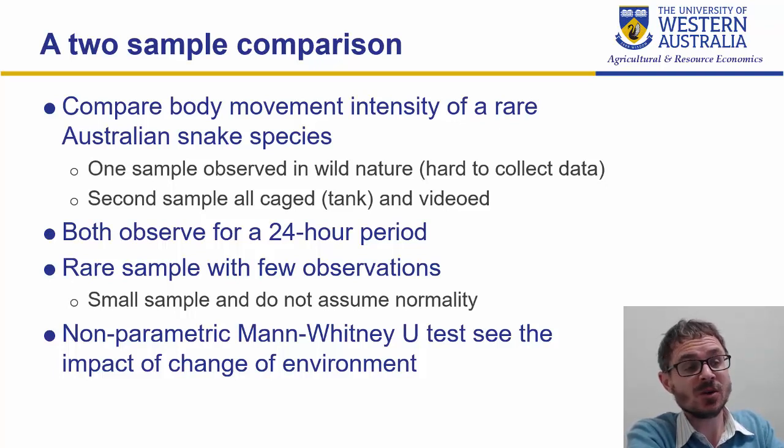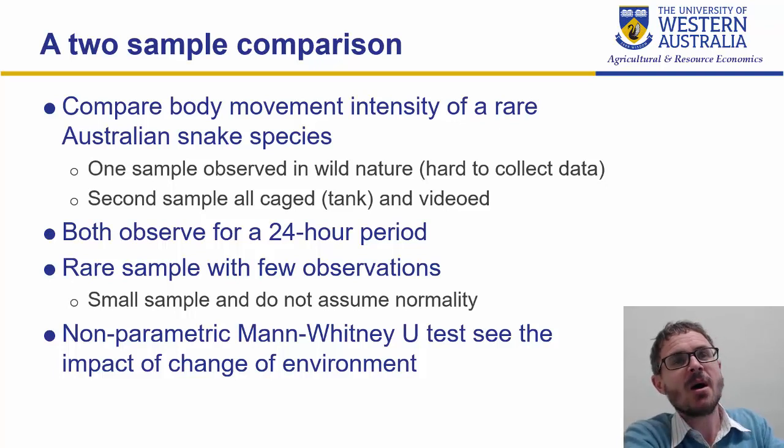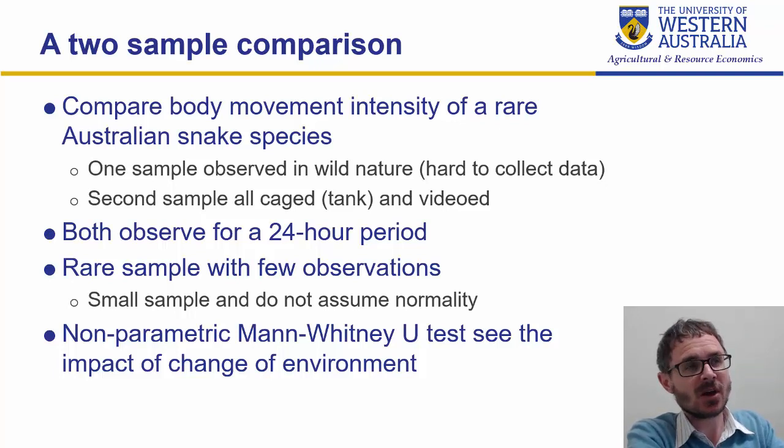We're going to do another experiment: we're going to videotape them in the tank and see how much they move, get some measurements on their movement, and then see if we can compare the two. If the caged animals are as active as our animals in the wild, then we might think, okay, we can start to make some inferences from those that we have in the lab.